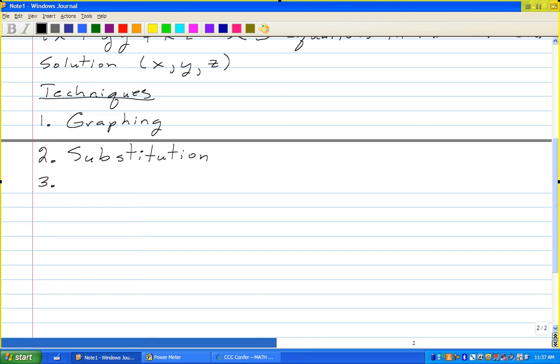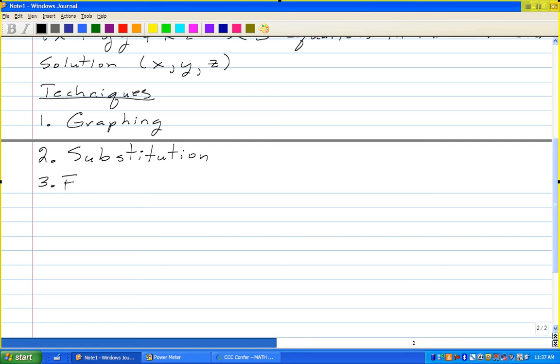It just gets confusing. And so once you have more and more variables, it's more likely that you may make silly mistakes if you use substitution, unless the system is particularly nice. So I usually won't be using substitution unless they're really nice sort of systems that I'm trying to solve.